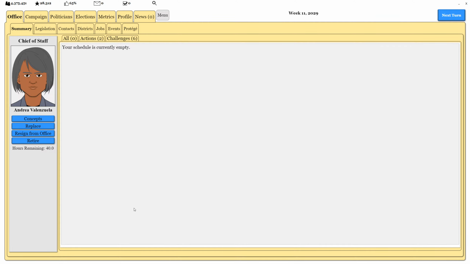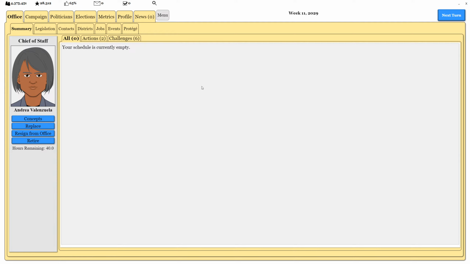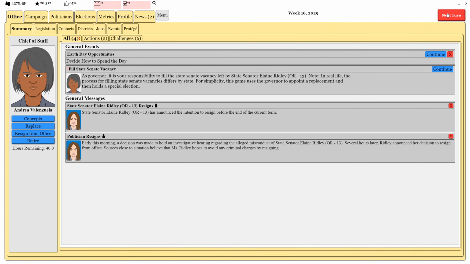All right. Trying to figure out if I should go on. I've been streaming for about 2 hours. I'm gonna go to the state senate vacancy. Processes for filling state vacancies differ by state. For simplicity, the game uses the governor to appoint that placement and then holds a special election.